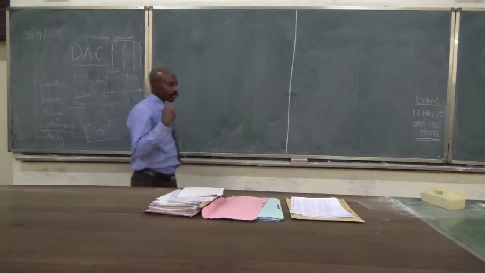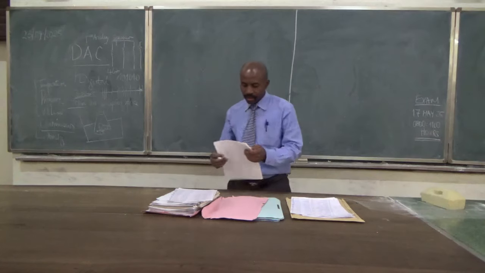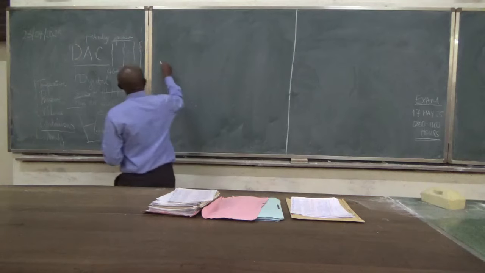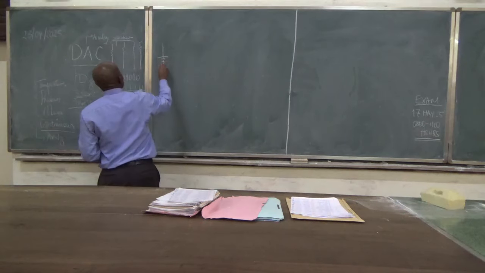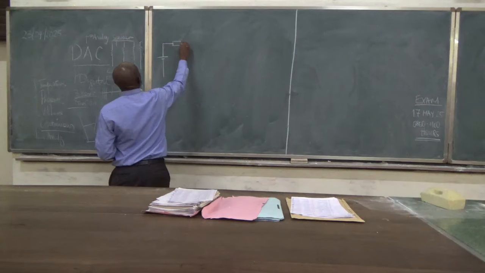Then we graduated from a weighted to a ladder method, and we ended at a ladder method where we had the diagram with the VREF, and then we had the RRs here.